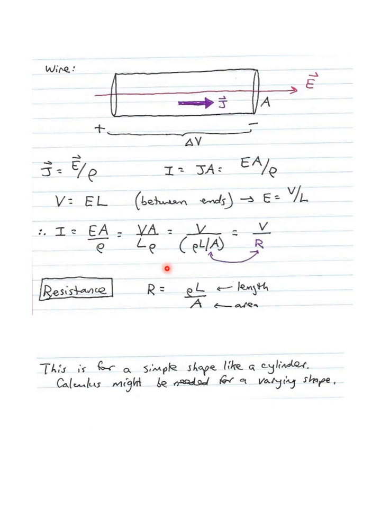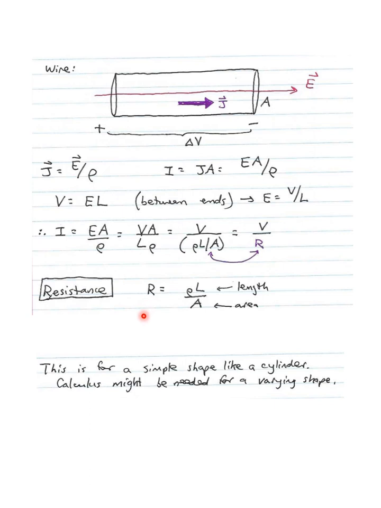So the area goes in the denominator, and that denominator becomes rho length divided by area. And you compare this with Ohm's law, which is current equals voltage over resistance. And we see that the resistance through the material is the resistivity times the length divided by area.